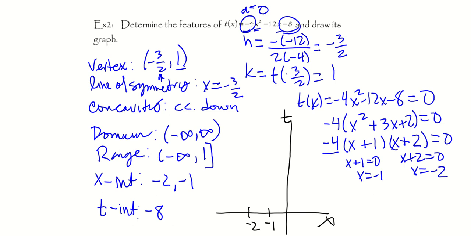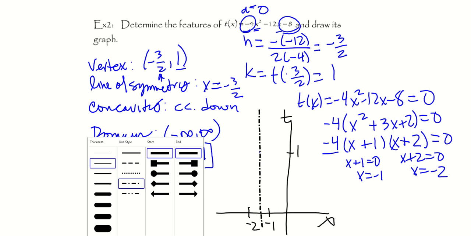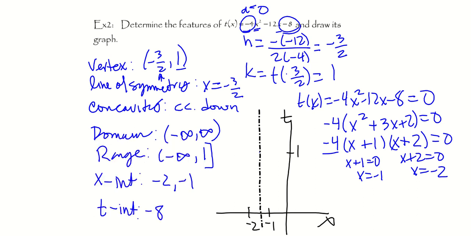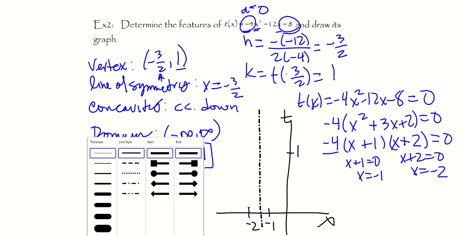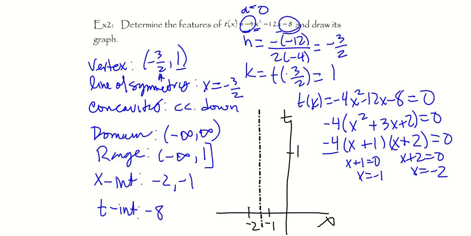If I make this y 1 here, I know that I have a point at -3/2, 1, so that would be about there. My line of symmetry is going to go right through that number, so at x equals -3/2. Let's come in here and get a little bigger. So we were at -3/2, 1. I had x-intercepts at -2 and -1.